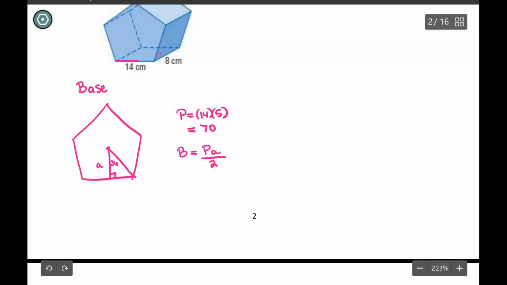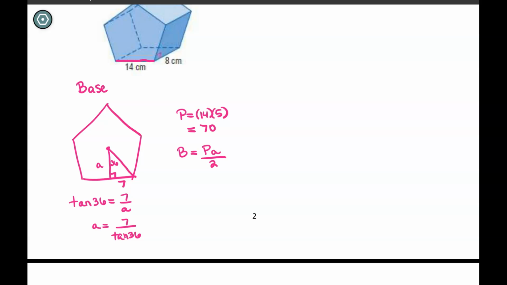And then, of course, since this was 14, this will be 7. So 7 is opposite, A is adjacent, so I have tangent of 36 equals 7 over A. That means A is going to be 7 divided by tangent of 36. So let's see, 7 divided by tangent 36 is 9.634, so we'll say 9.63.